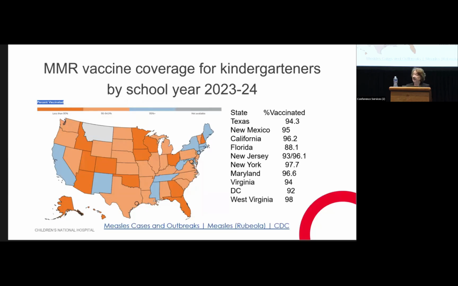Across the state, it's about 93%. However, there are some communities in our southern counties, Atlantic County, Burlington, Cape May County, where there are communities of individuals who are not vaccinated. So if a patient with measles was to enter that community, essentially we could see a rise in the number of cases.